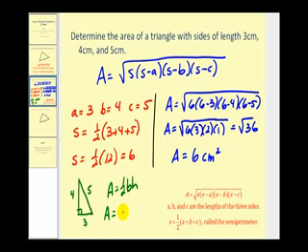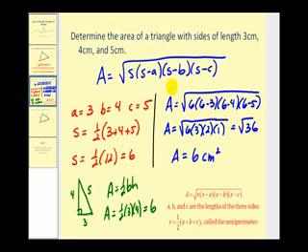It'd be 1/2 times 3 times 4, which of course is also 6. Now remember, to use this formula here, we do have to find the height of the triangle. And we lucked out here because it was a right triangle. But what's special about Heron's formula is we don't have to have the height, and it doesn't have to be a right triangle. We just have to know the length of the three sides.